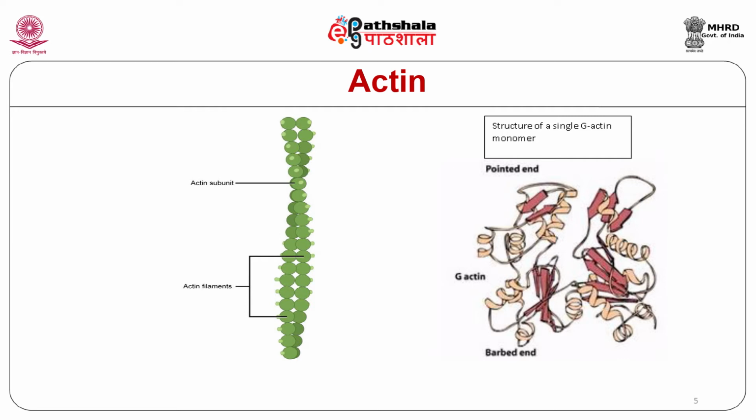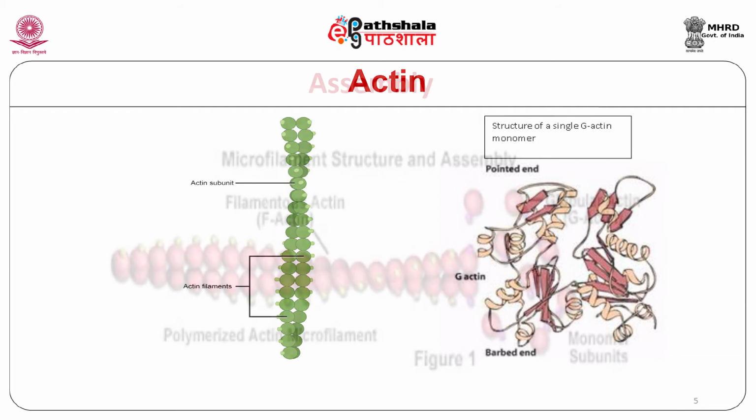Actin filaments exhibit polarity, plus and minus ends, because all the actin monomers are oriented in the same direction. Since each actin monomer is rotated by 166 degrees, it has the appearance of a double stranded helix. The figure shows the structure of a single G-actin monomer.